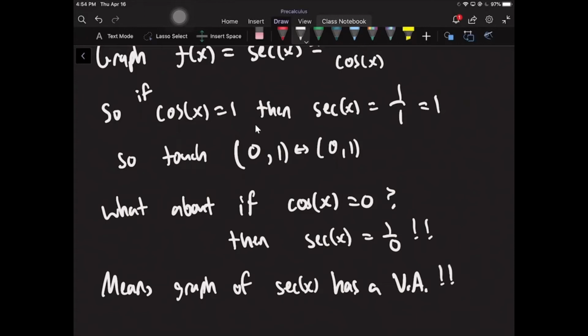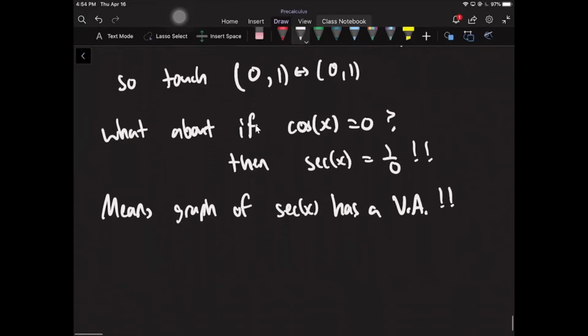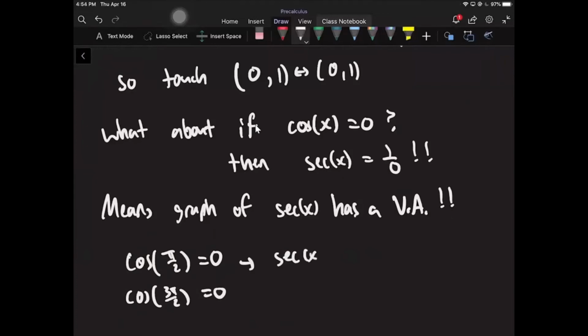So when is cosine 0? Cosine is 0 at pi over 2 and also 3 pi over 2. So that tells you that secant of x has vertical asymptotes at these two x values, pi over 2 and 3 pi over 2.